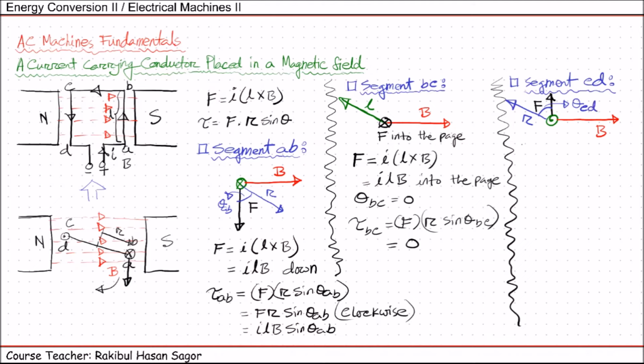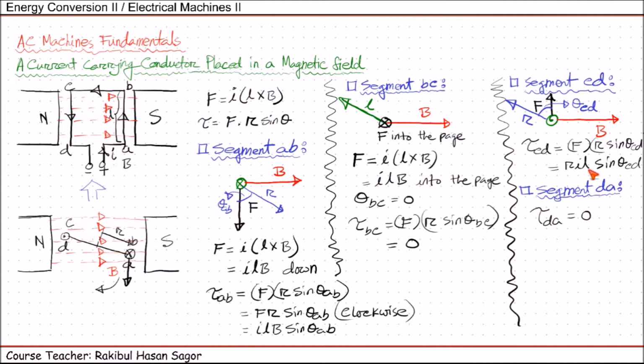In this case, we can write tau CD equal to F R sine theta CD, which can be written as R I L sine theta CD. Similarly, for segment DA, which is equivalent to the case of segment BC, we get torque tau DA equal to 0.